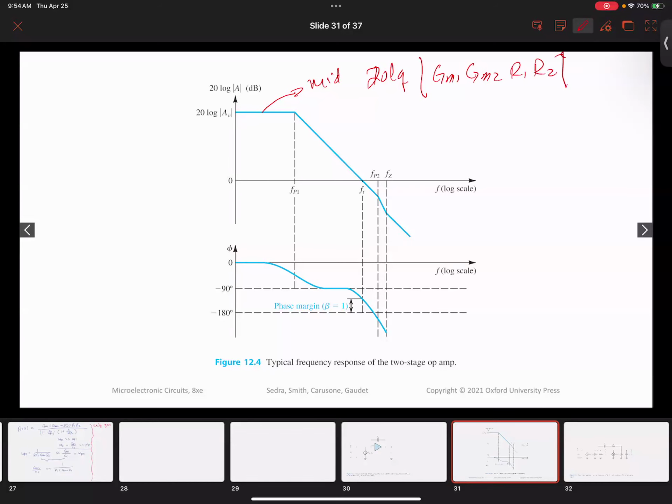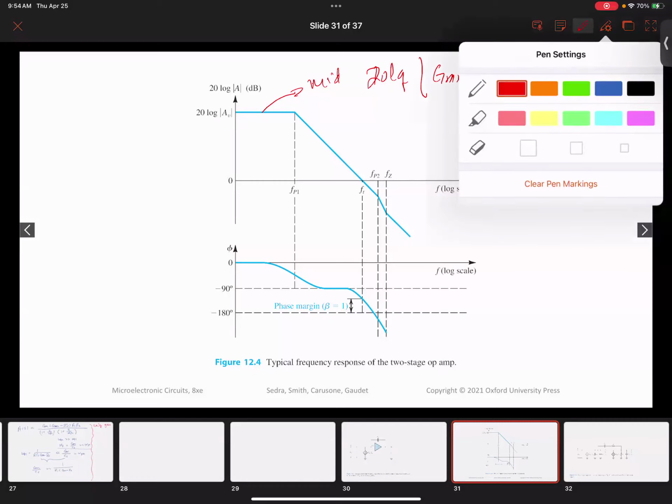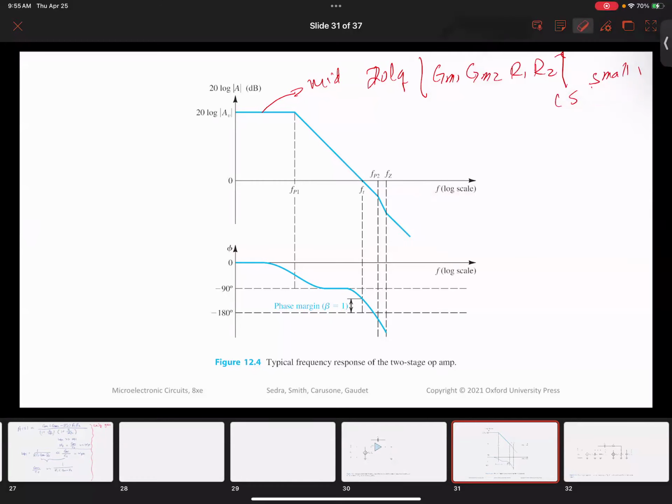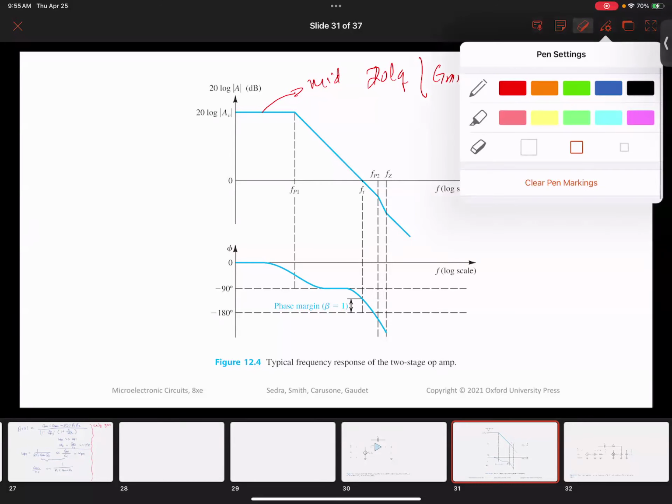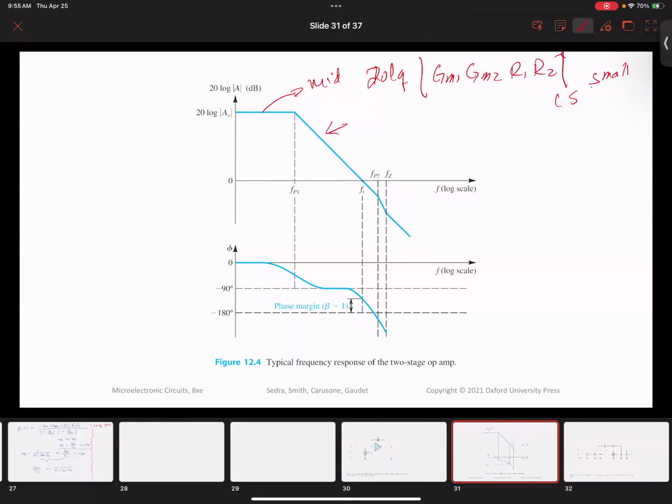This is when S is small. Okay. So you have the midband gain, which is given, and here is the dominant pole, FP1, right over here.